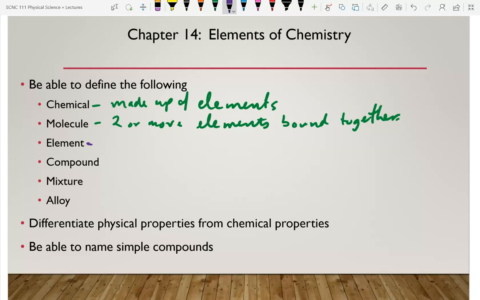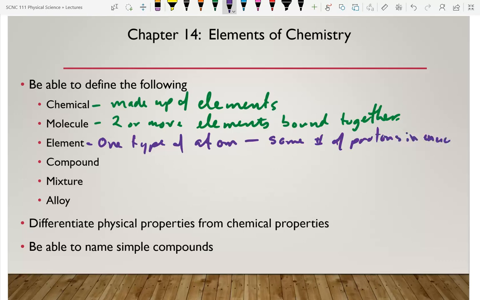What is an element? One type of atom. Same number of protons in the nucleus. If I have two protons in the nucleus, it doesn't matter how many neutrons there are. If it has two protons, it's helium. So two protons and one neutron, that's helium-3. Two protons and two neutrons, that's helium-4, which is the dominant one, the one we always talk about.